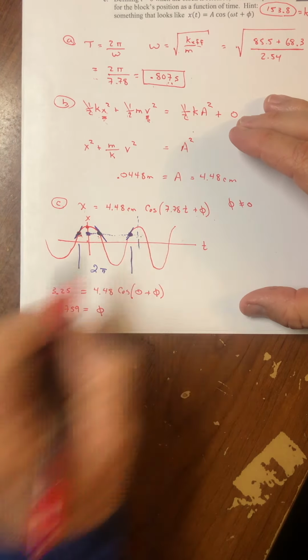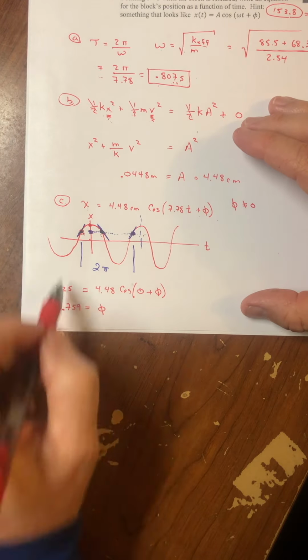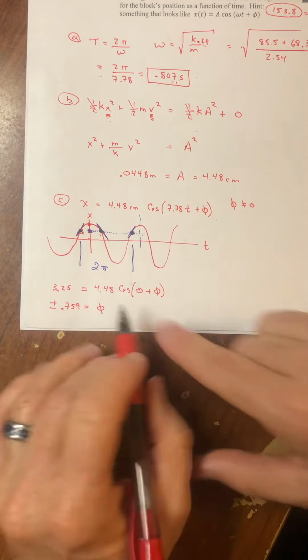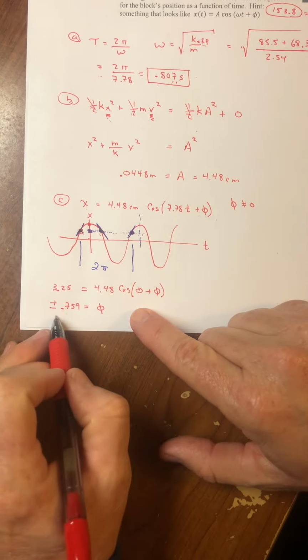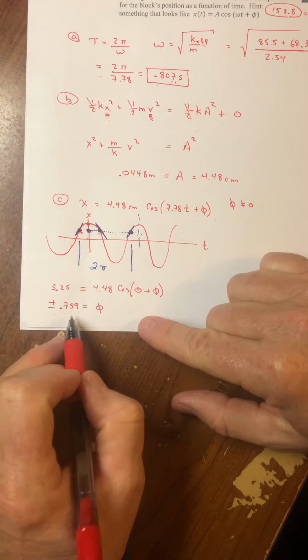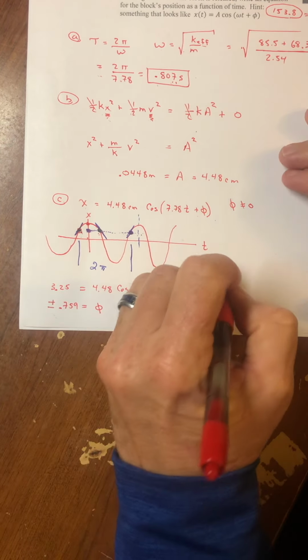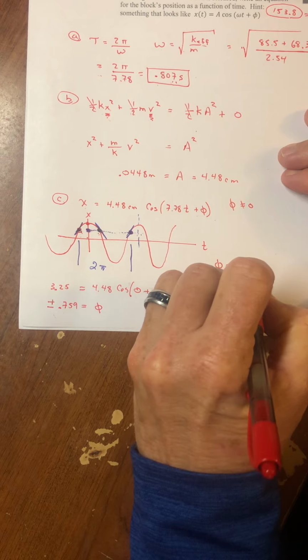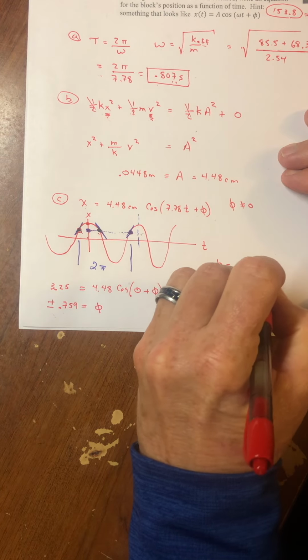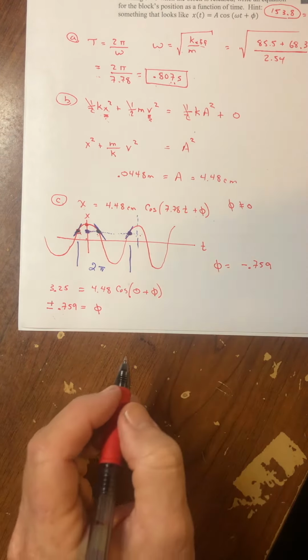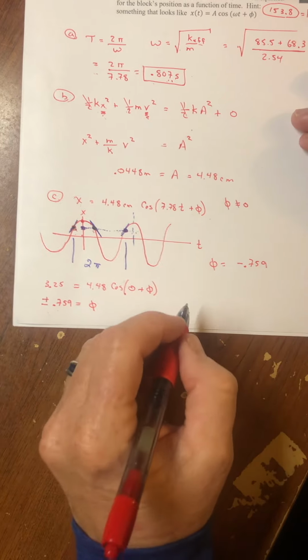Or I can go 2 pi minus that much. But I think I'll just do the negative. And so my point is this trig function has two answers, and the one I want is the negative one. And so phi is a negative 0.759. And then that finishes part C.